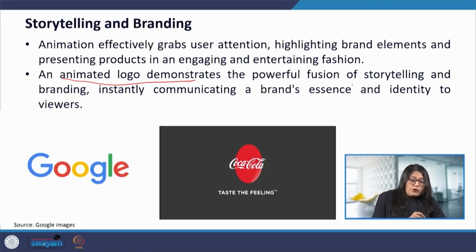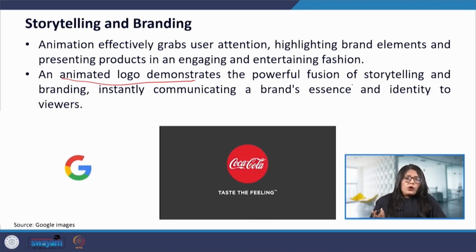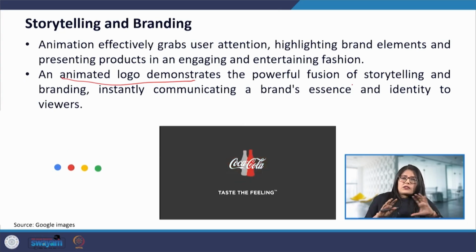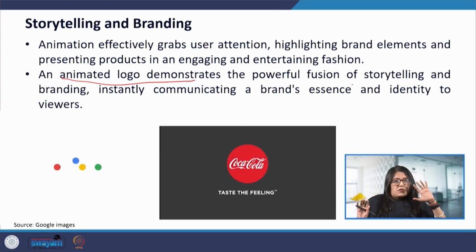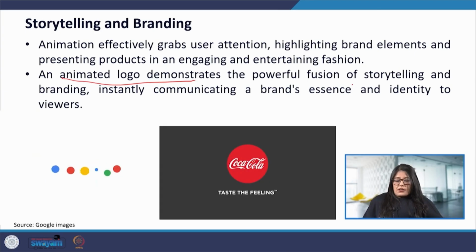So, now we connect certain colors with Google, or we connect certain colors with Coca-Cola. So, when these colors are used along with the animation, there is storytelling, because something is flipping, something is moving at the same time. We know that this is a certain brand because the communication is happening.